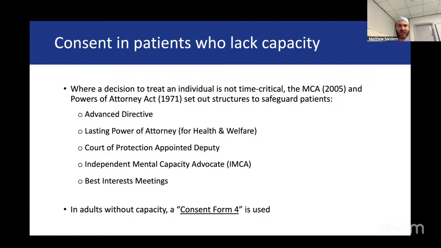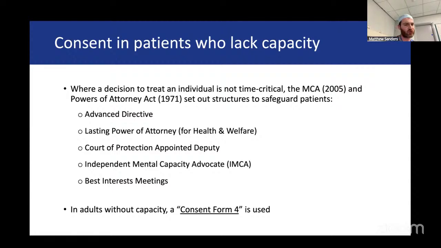The Mental Capacity Act also sets out independent mental capacity advocates, or IMCAs, for those patients who lack capacity and who have no legislative or legally binding documents in place, or individuals who can be sought after to give an unbiased decision as to what they feel would be in their best interests.